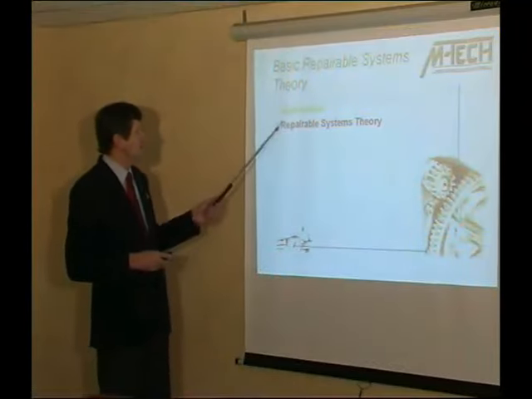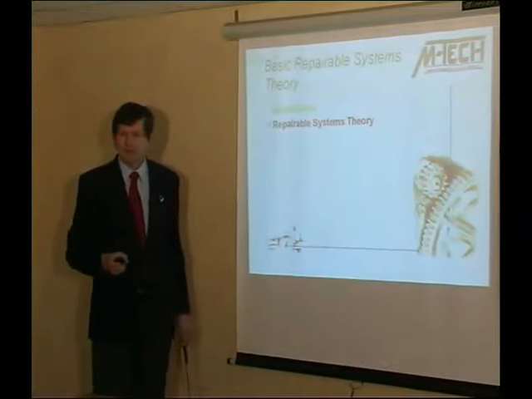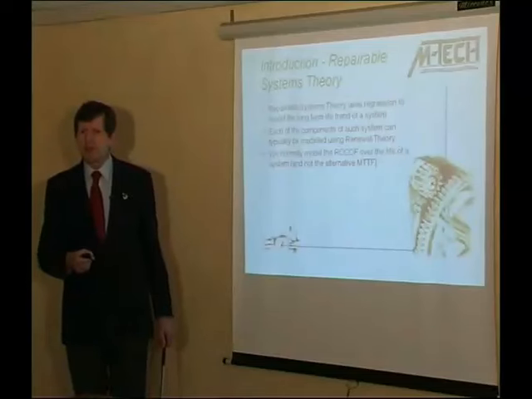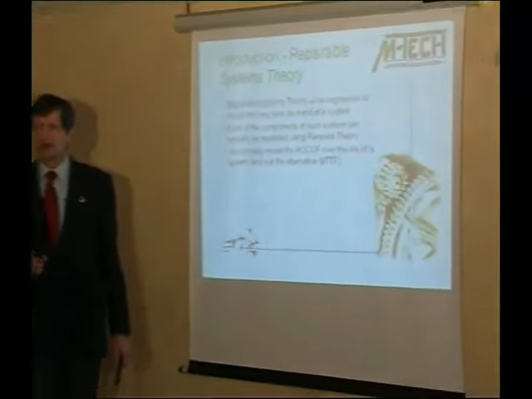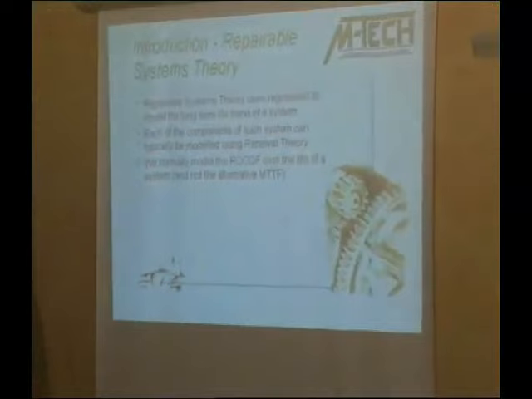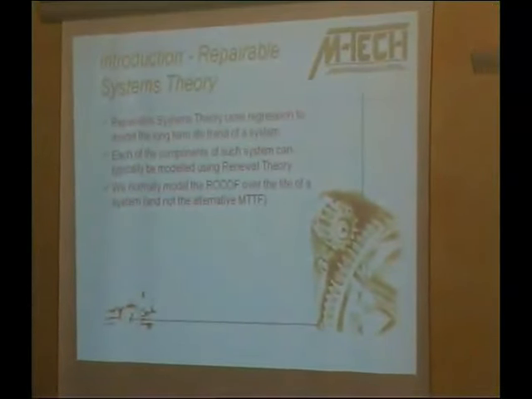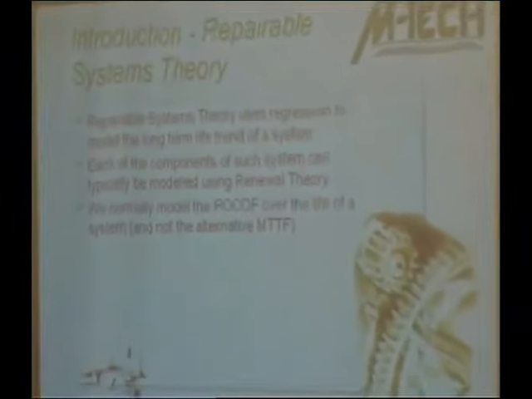Okay, so let's look at the repairable systems theory then. The repairable systems theory uses regression to model the long-term life trend of a system. Now, regression, for those that do not know the word, just means fitting a mathematical curve to a set of data.